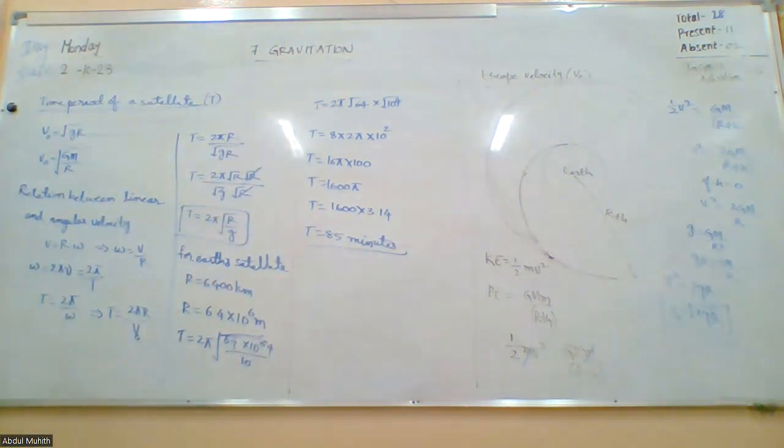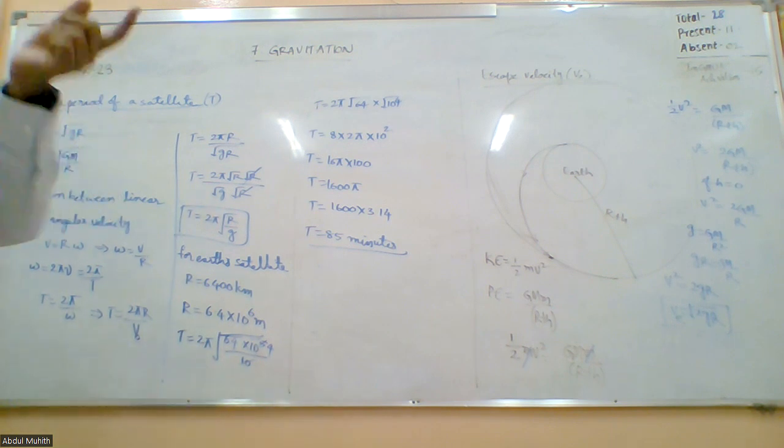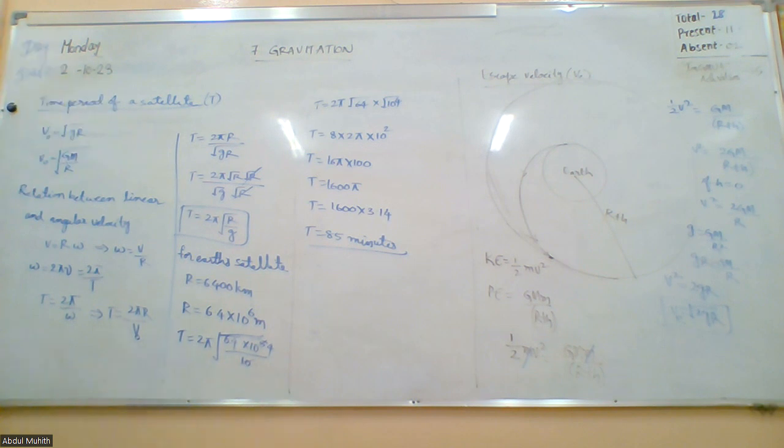If the satellite is revolving around the Earth, how much time will it take to complete one rotation? 85 minutes, approximately 1 hour 15 minutes. Can you understand how fast it is? In 1 hour 15 minutes, the satellite completes one rotation. Suppose an astronaut is sitting in the satellite and moving, how fast it is.